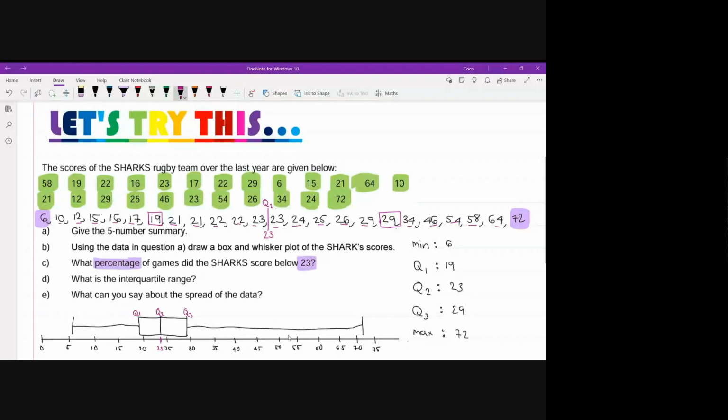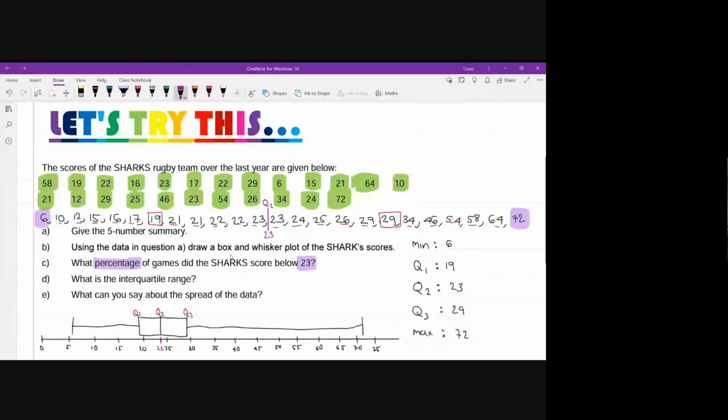Nobody? Okay, I'll have to let you guys in on the secret. Okay, it's not actually a secret. My question is, what does our Q2 do to our data? How does it split our data? Any idea, grade 10s?